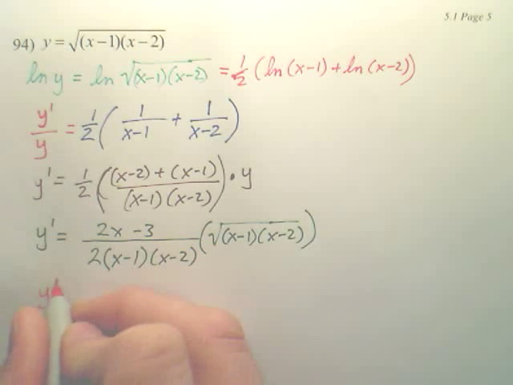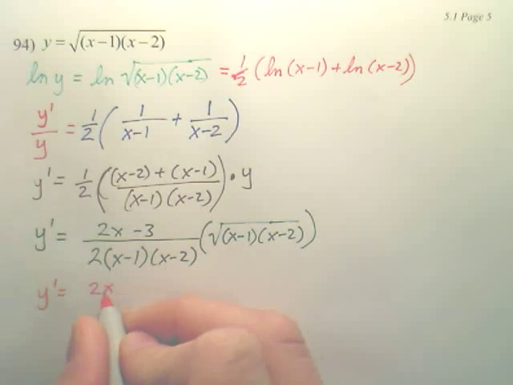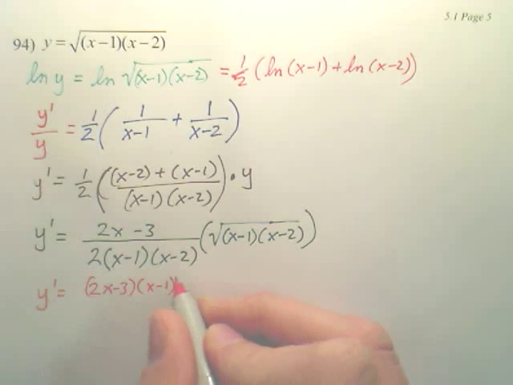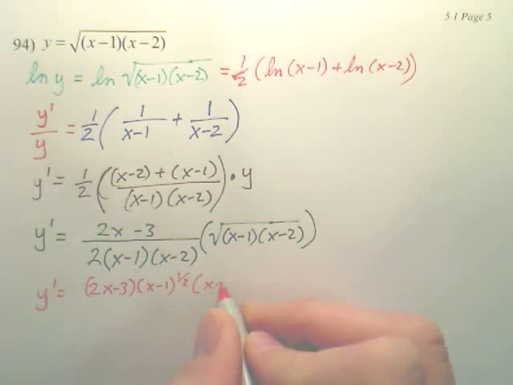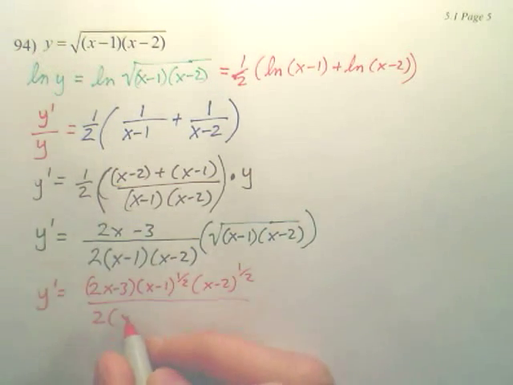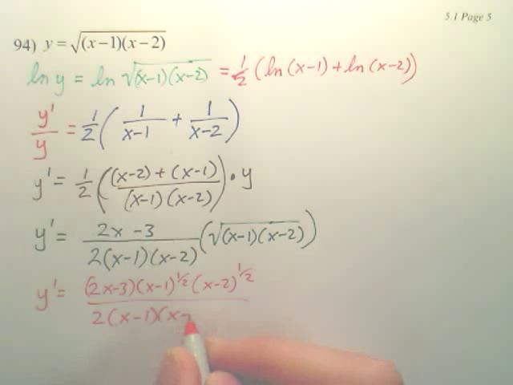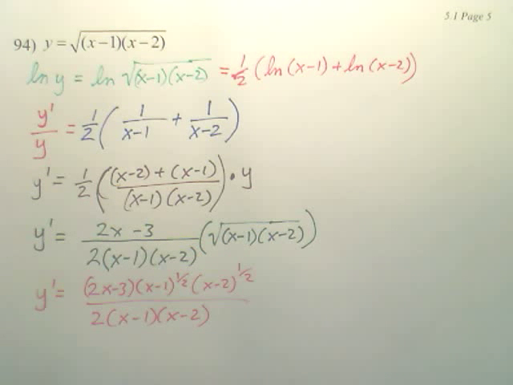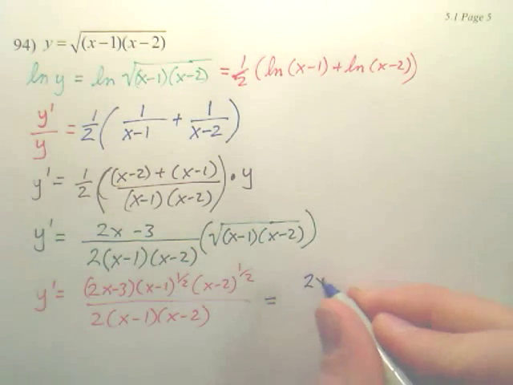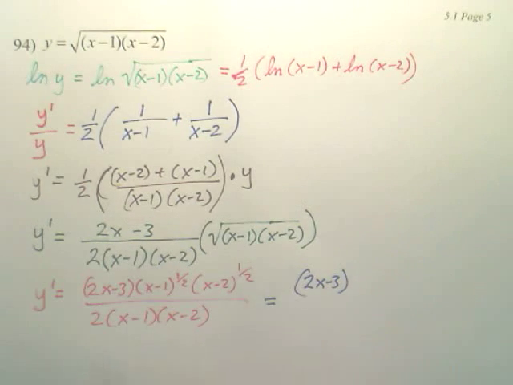So what's going to happen here is you're going to have the 2x minus 3, and then you're going to have x minus 1 to the 1/2 times x minus 2 to the 1/2 over 2 times x minus 1, x minus 2. So my final answer, you have a 2x minus 3.